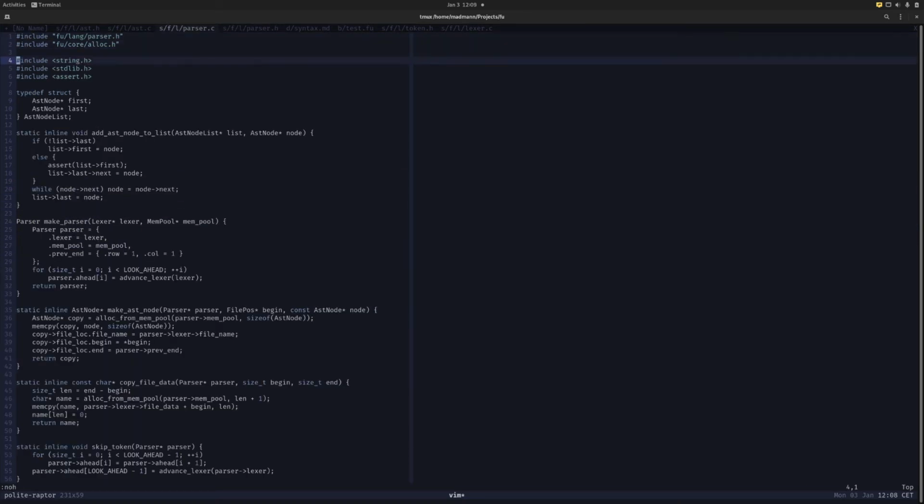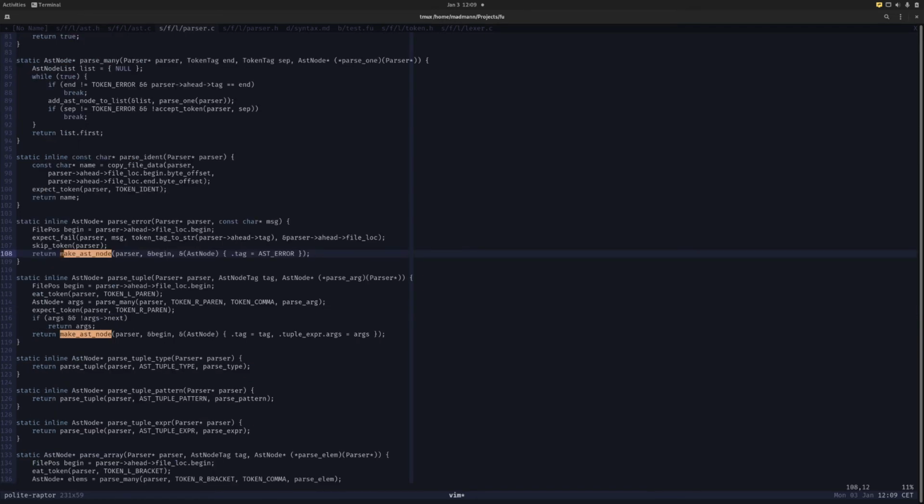Then if you go to the parser, make parser just creates the structure, initializes it, and then reads the look ahead tokens from the lexer by calling advance lexer. That's all it does. Then there's of course a couple of helper functions to create AST nodes on the memory pool, like this one here, make AST node. You'll see it everywhere.